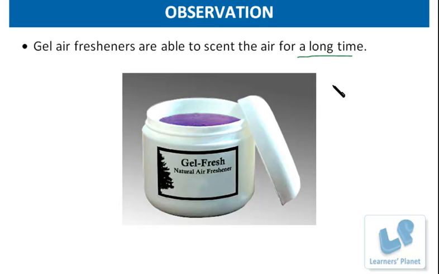But we have to keep it at some distance, so that nothing can stick to it and so that it can release the scent particles in the air to spread the fragrance.